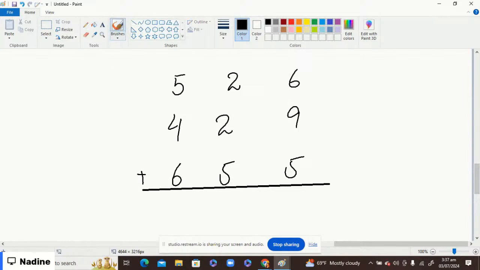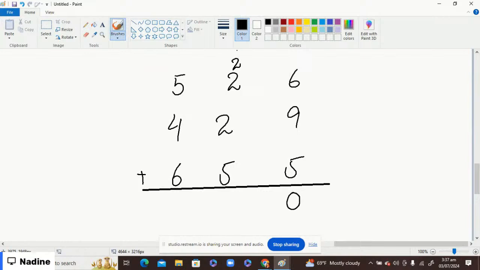When we solve, we get 6 plus 9 plus 5. 6 plus 9 is 14, 15. 15 plus 5 is 20. Here we can put 0.